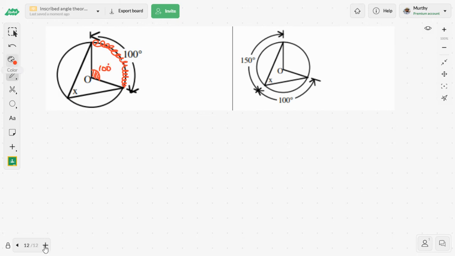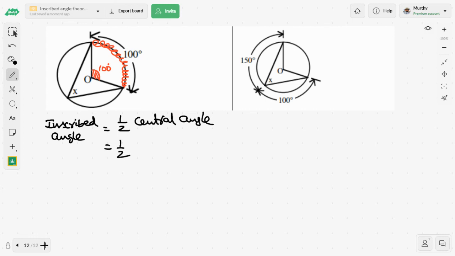And next, you know what to do. Let's write the rule again and again: inscribed angle equals half of central angle. Here the central angle is given, so you have to plug in the values exactly.